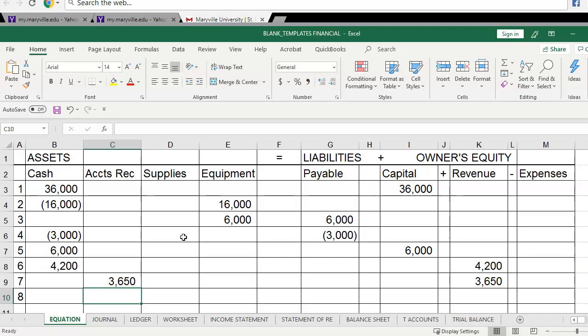It's not contingent upon cash being received from the actual client. So once you perform a service or sell a product, you recognize revenue at that time. If they pay you cash, you increase your cash account. If they still owe you, increase accounts receivable. So whether we perform services for cash or on account, we're still going to increase our revenue account.